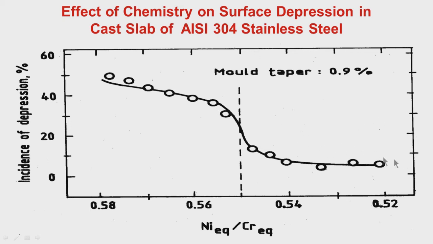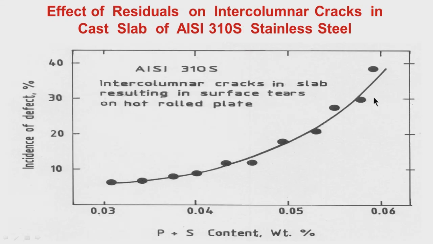So, with minor adjustment we can get very low incidence of depression in this depression-prone grade of 304 stainless steel, or the so-called 0.1% carbon, which is known as a peritectic chemistry. And then I have also mentioned 310S, it is a totally austenitic solidification grade.